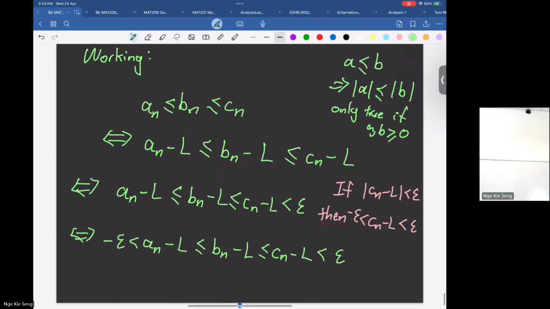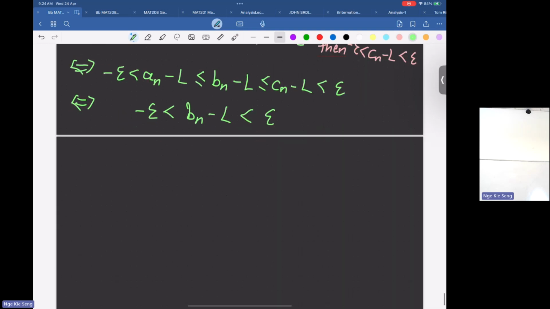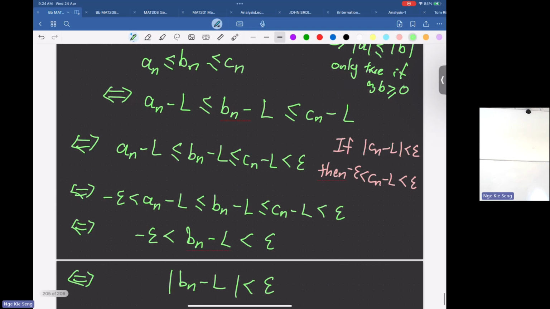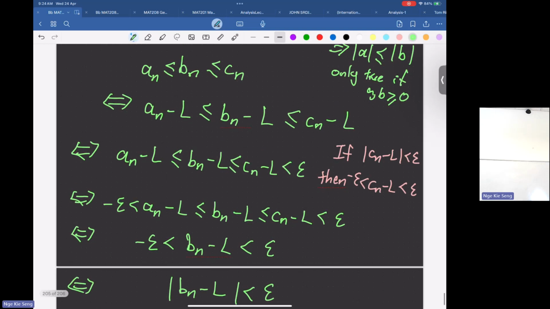Then Bn minus L is less than epsilon and greater than minus epsilon, which means it's less than epsilon. Okay, good. You found that Bn minus L is less than epsilon.